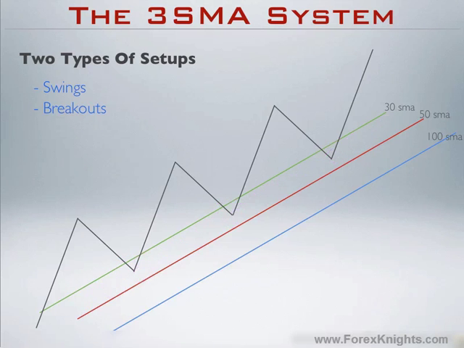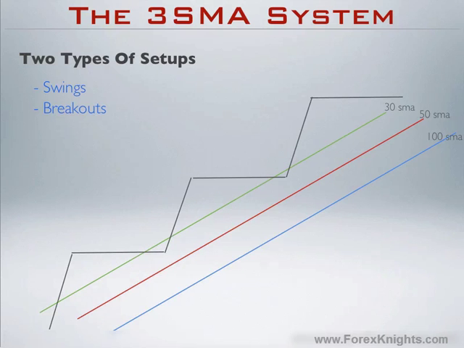The other type of setup, the breakouts, presents itself whenever we see what I call a staircase formation. Which basically means having price give us a thrust in the direction of the trend, followed by a little bit of congestion, sideways price action, yet another breakout and another thrust in the direction of the moving averages, another congestion area, another sideways price action, yet another thrust, and so on and so forth.